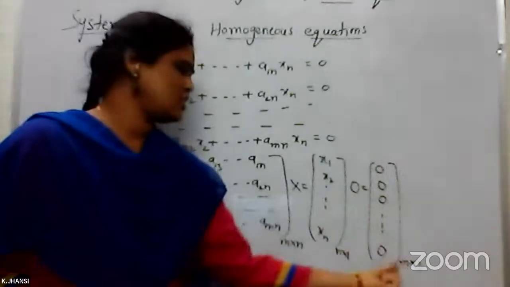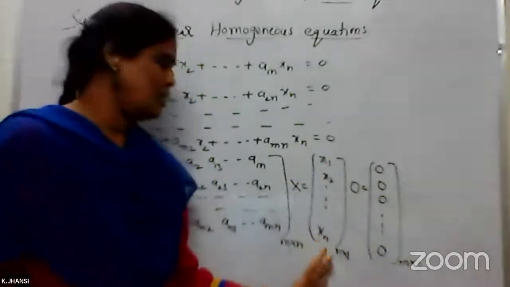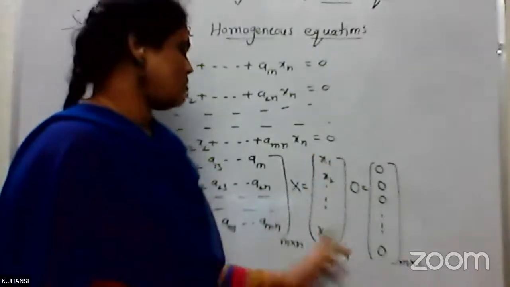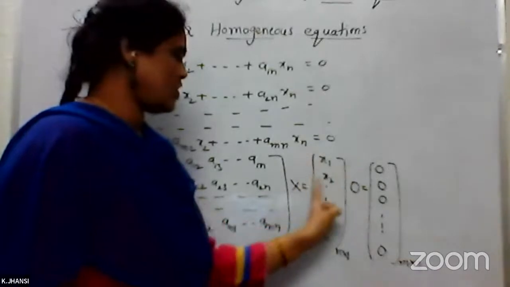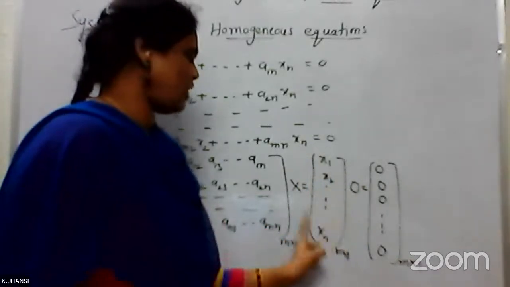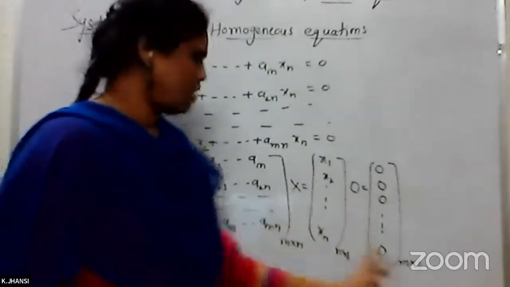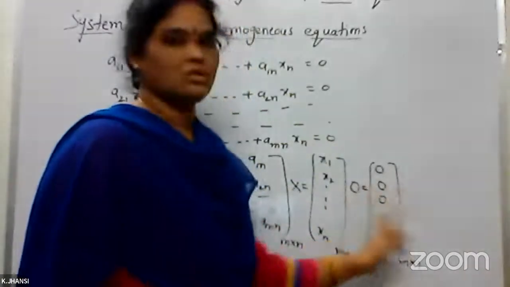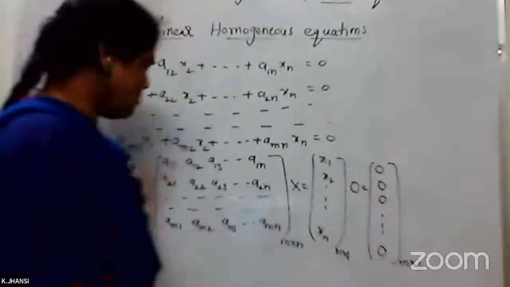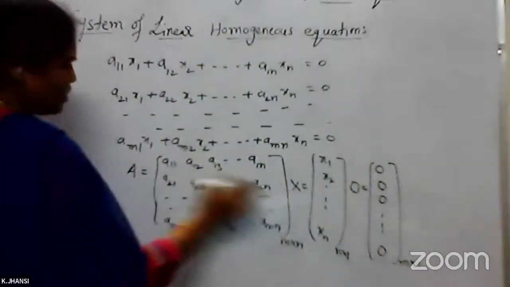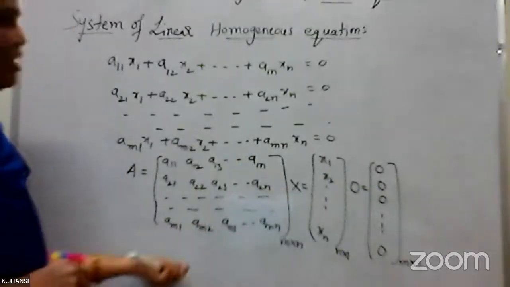So here we write N cross 1, that is N rows and one column. Why? Because X1, X2, X3, X4, X5, X6, so N number of rows and only one column. Here M number of rows. The zeros are the same, M rows and one column. And here M rows and N columns. This is the order of the matrices.